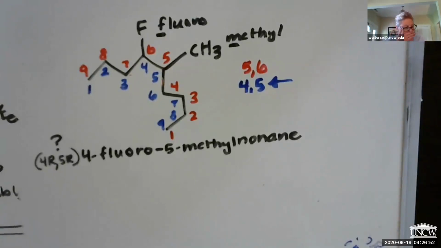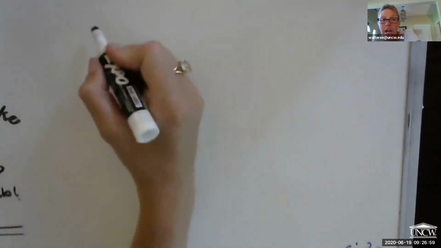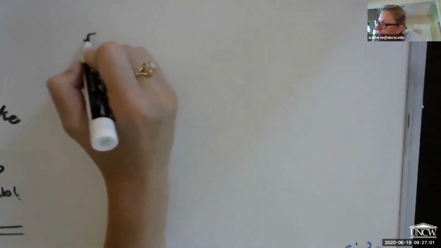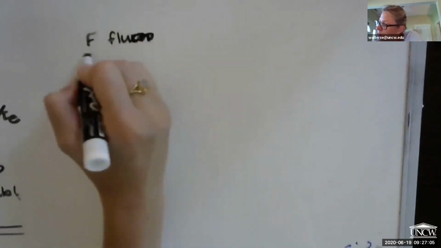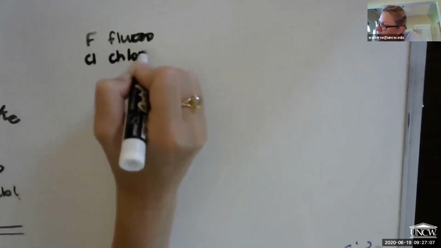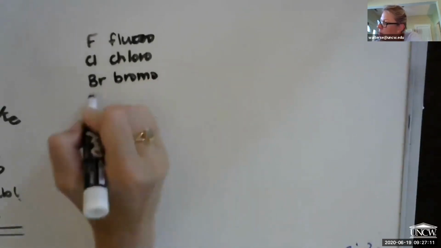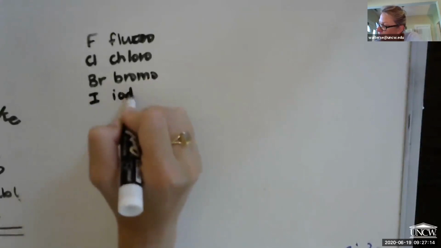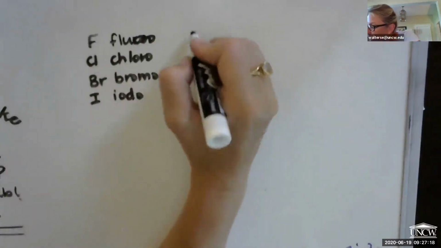So you have a list of substituents. If you had this, it would be a fluoro group. Fluoro, bromo, iodo. And then you have your chain alkanes.